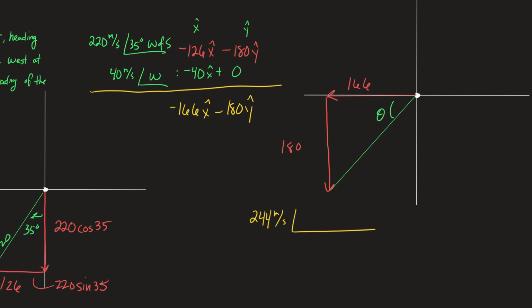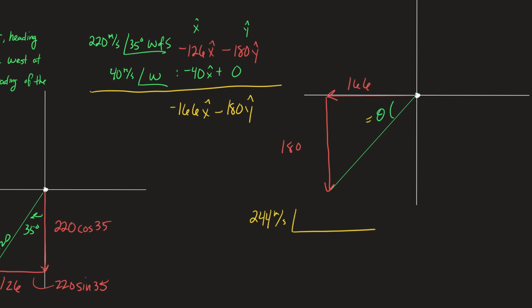And this angle is going to come from the inverse tangent. So, oh, I went the wrong way. Oops. Oh, well. Guess I'll do the whole thing because I forgot and I did bad.